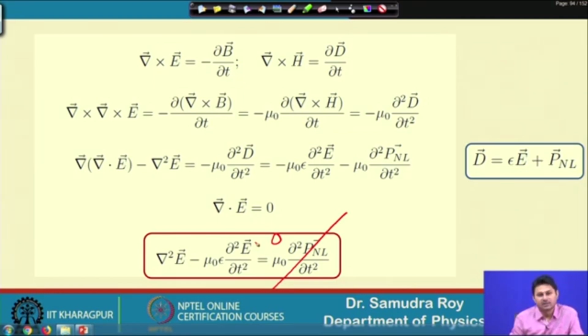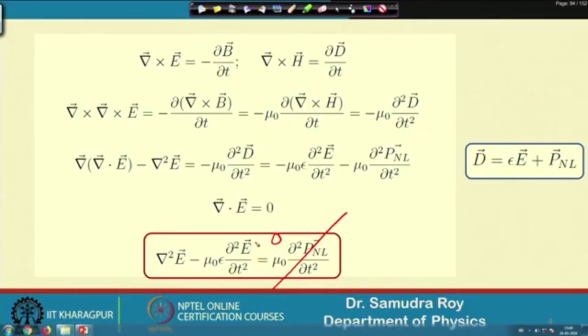We have already done this in our basic linear optics course. Now, instead of a 0 term, what we have is a source term. This P nonlinear term is basically a source term of the electric field.